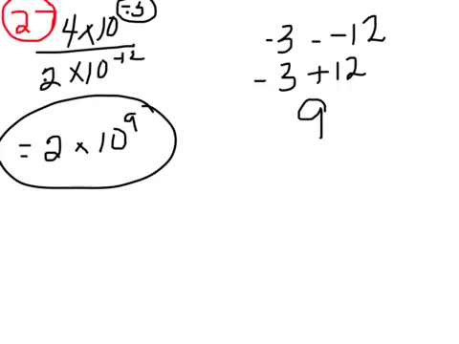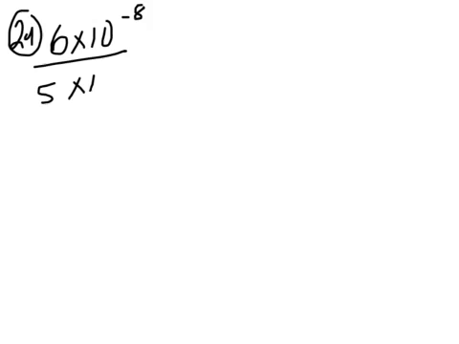Let's look at 29. It might not be so nice. We'll see. Okay, so 29 is 6 times 10 to the minus 8 over 5 times 10 to the positive 8. Now, if I had 6 divided by 5, I could write that as a number. That's going to be 1.2.